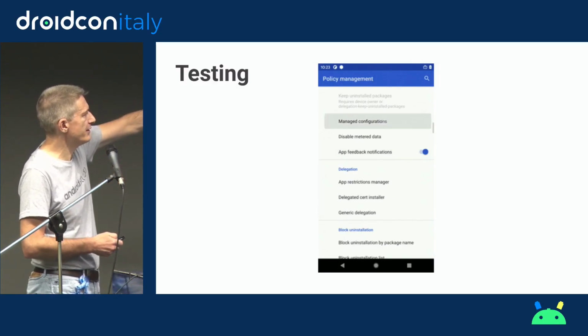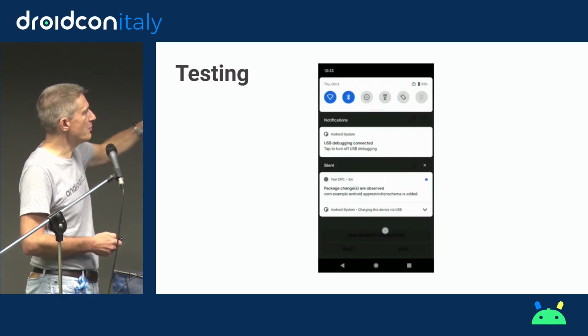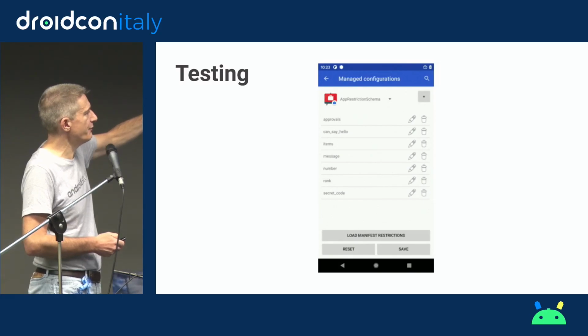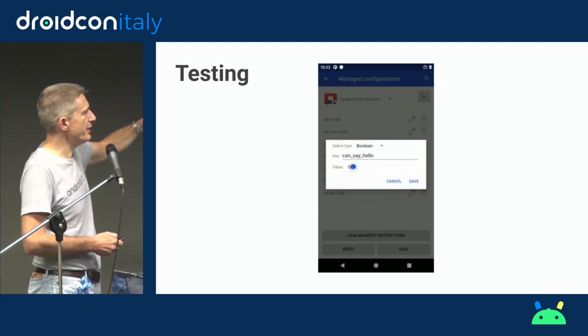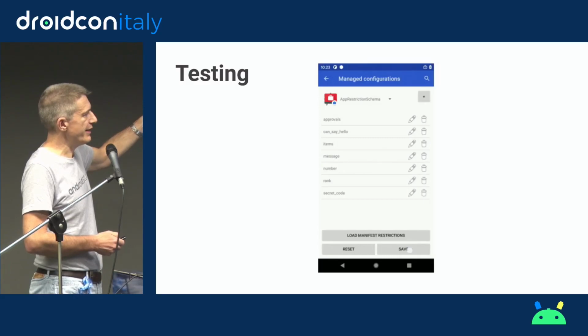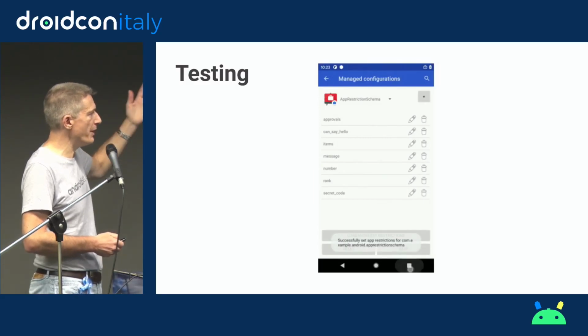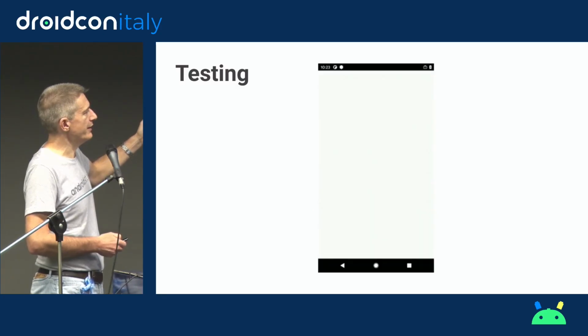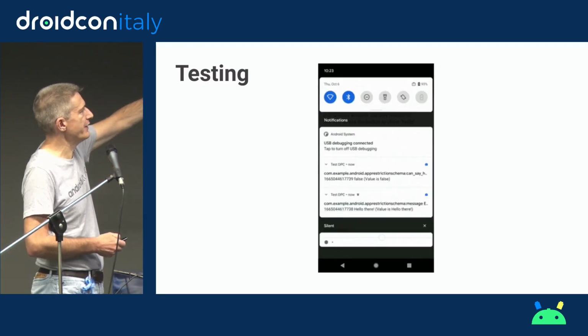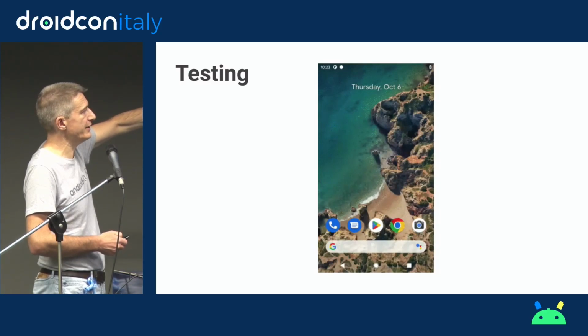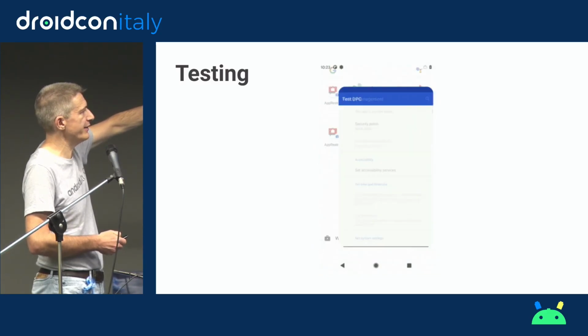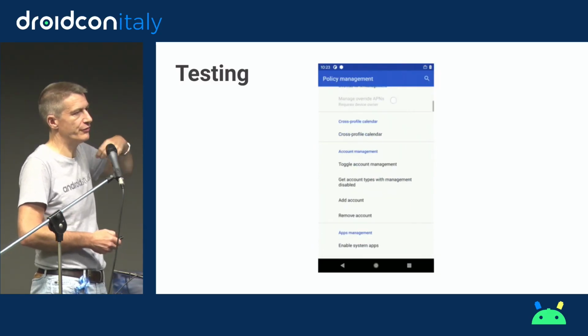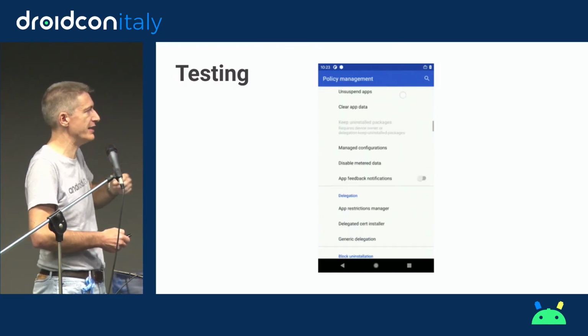In this case, TestDPC allows me to have these messages shown as notifications. So you see that there is app feedback. At this moment, I don't have any notification. If I change a parameter, say hello again, save it, go back to my application, I'm going to see that the application is now launched, and because I added this to a couple of message handlers, I have 2 notifications, one for each message that I sent back.